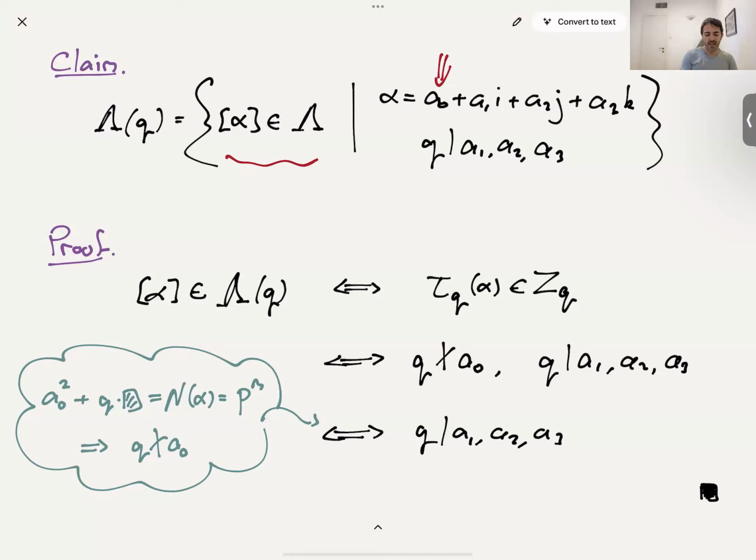So take a class of alpha in lambda q. Lambda q is the kernel of this map. And so the fact that the class of alpha goes to lambda q means that pi q of alpha sits in zq, right?